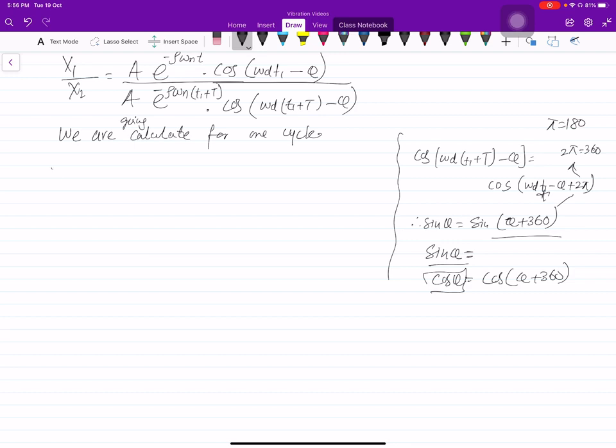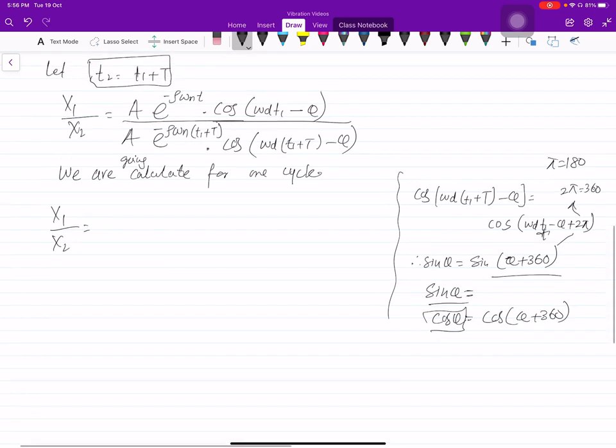So here we have x1 over x2. Basically, when I was learning these things, these steps were not explained, so I got confused, and I am trying my best to solve it for you so that you can easily understand these things.